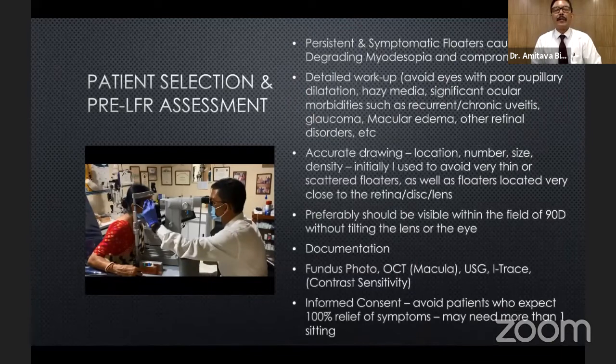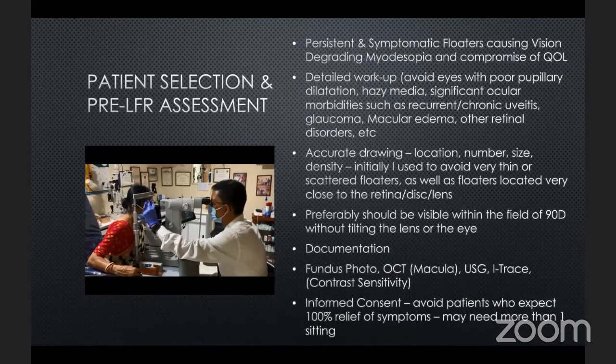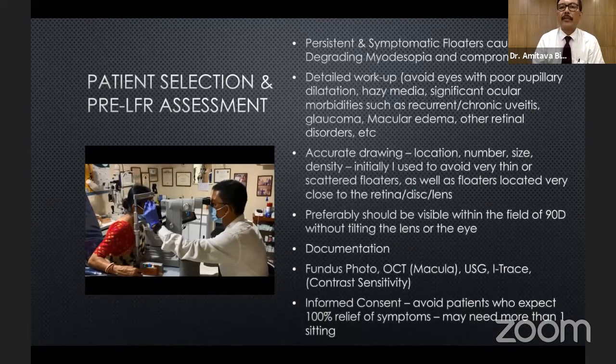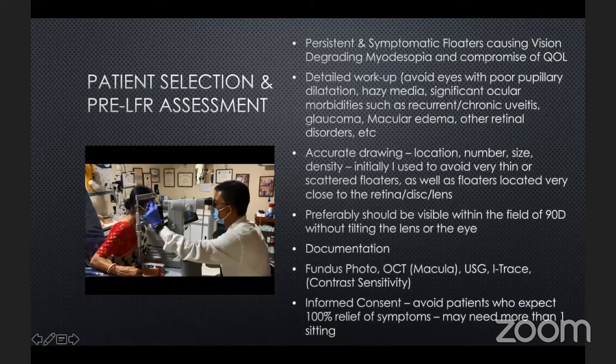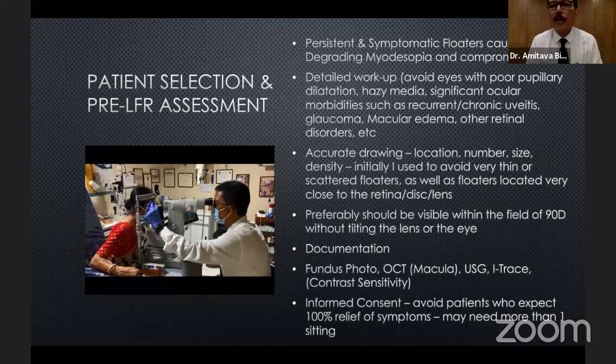So somebody asked, there has been a question by Dr. Yashowanta Nayak about patient selection. So I generally select patients who have symptomatic floaters causing vision-degrading myodesopsia and compromise of quality of life. I do a detailed workup, and I avoid patients with poor pupillary dilatation, patients who have hazy media, and the ones with significant ocular comorbidities such as uveitis or glaucoma, macular edema, and other retinal disorders.